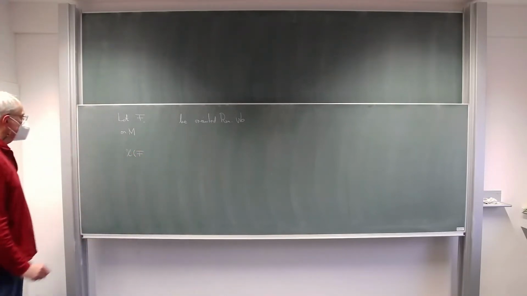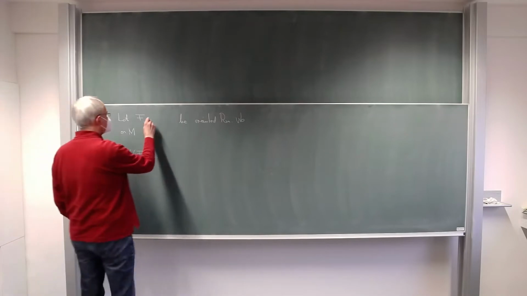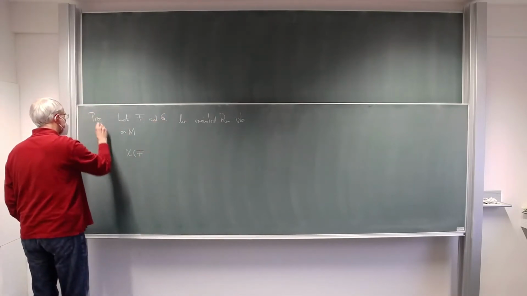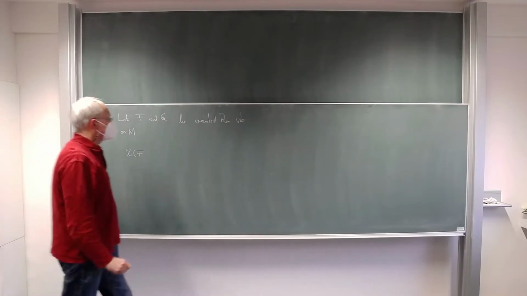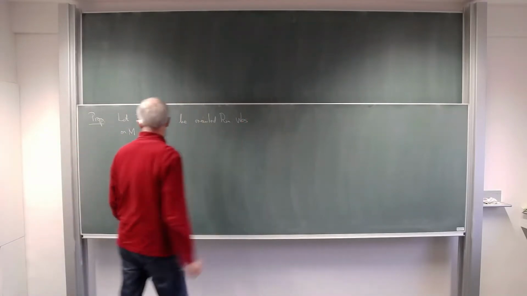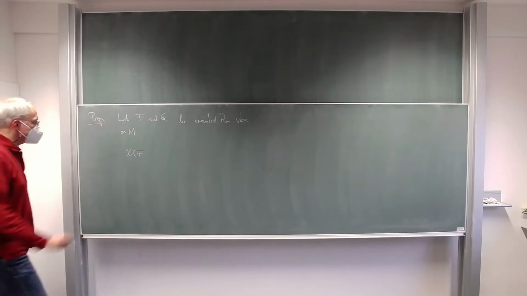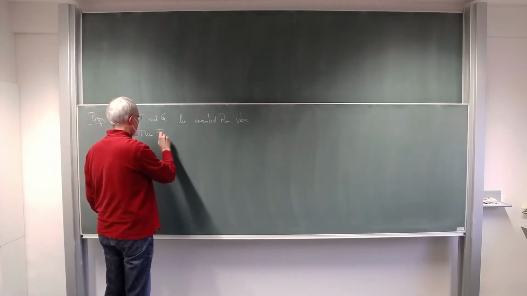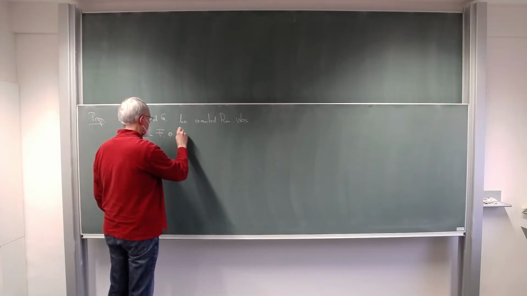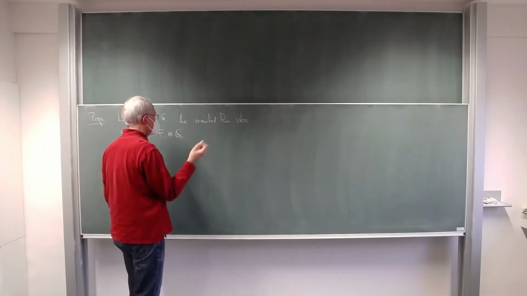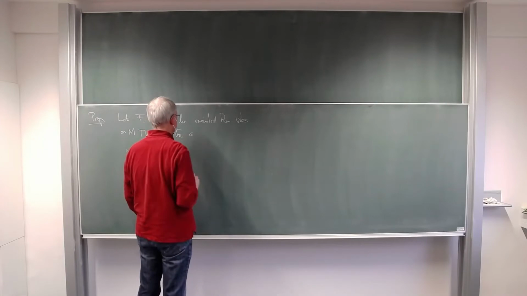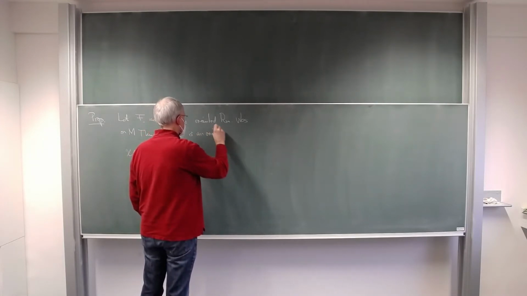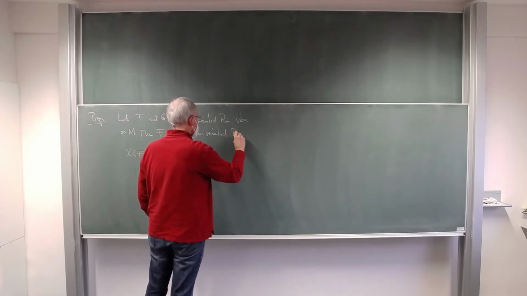And now we want to see what happens if we have two bundles, both oriented Riemannian vector bundles on M. Then the sum of the two, the direct sum, is also, in a canonical way, an oriented Riemannian vector bundle.